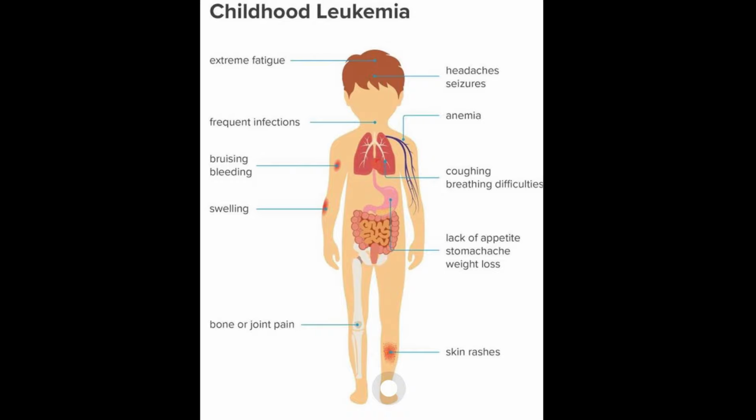So from this explanation, you can understand what are the signs and symptoms of leukemia, which include anemia, fever, bleeding, enlarged spleen, liver, lymph node. At this situation, you need to understand there are simple diseases that also can cause this kind of signs and symptoms. However, at this situation, it is better to consult a pediatric doctor.